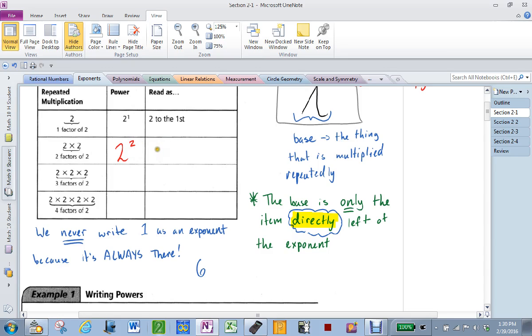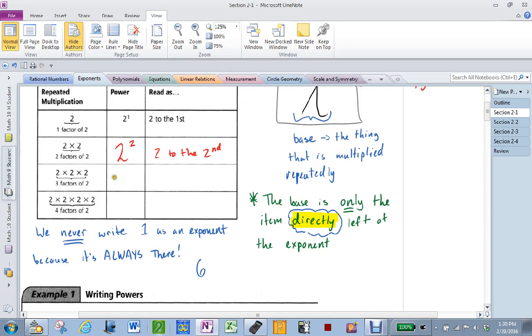And we read it as 2 to the second. We also call it 2 squared. It gets a special name, because of everything we did last unit.